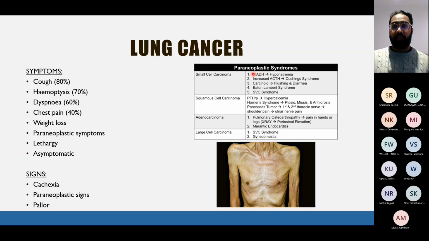And that causes syndrome of inappropriate ADH, leading to hyponatremia. And all the symptoms you get with hyponatremia, you'll get with the patient. And let's say the cells mutate and turn into the ones that produce ACTH. So you get loads of ectopic ACTH production. The patient's going to have cough, shortness of breath, weight loss, and also Cushing syndrome features, even though they don't actually have Cushing's. But it's because of this paraneoplastic.